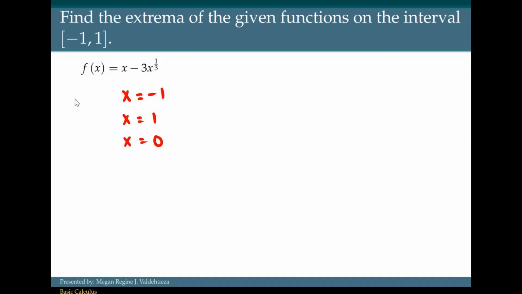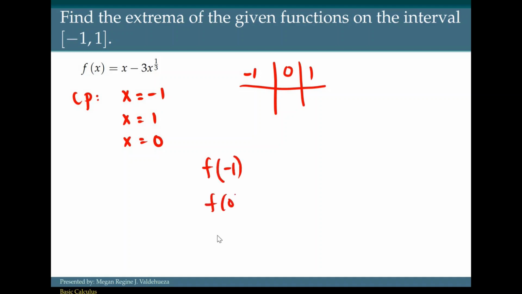And since this belongs to our interval, then we have our table of functional values, negative 1, 0, and 1. So we evaluate the function at negative 1, at 0, and at 1.